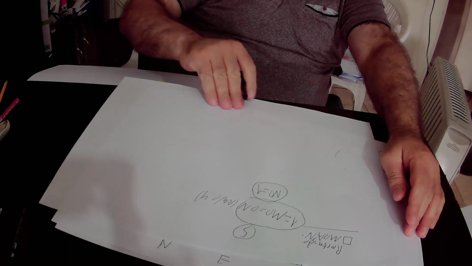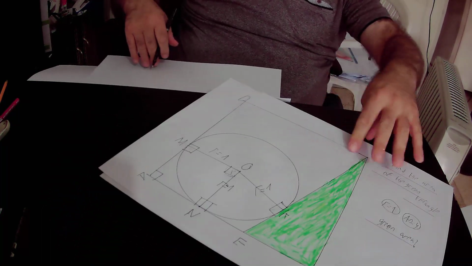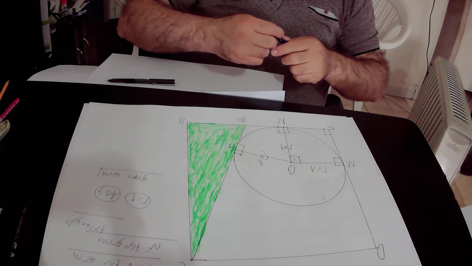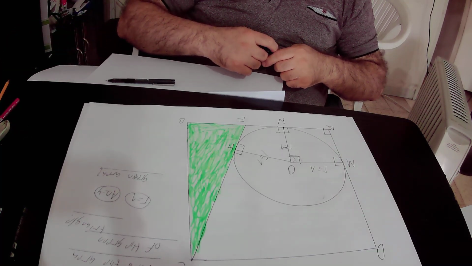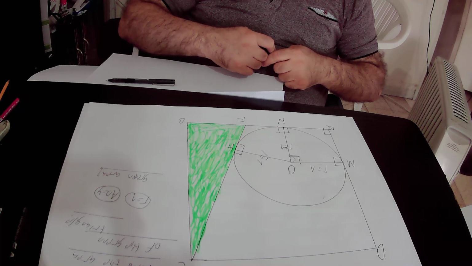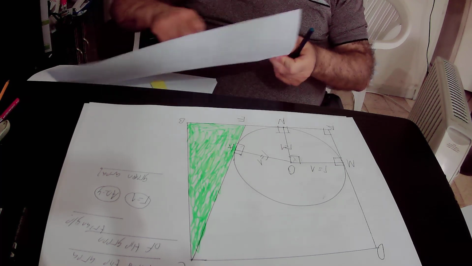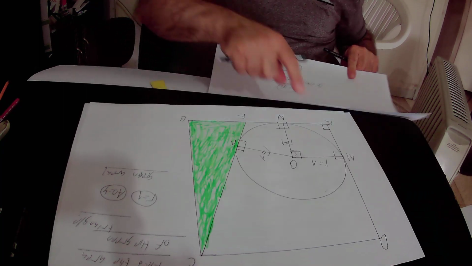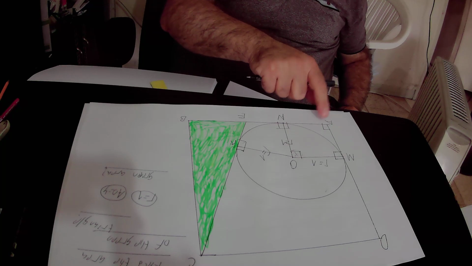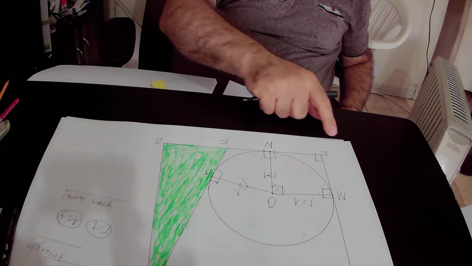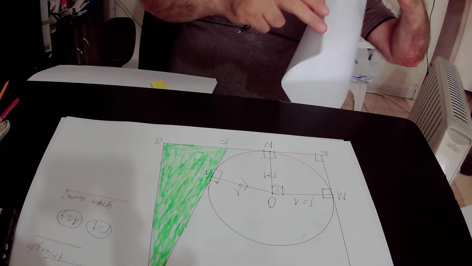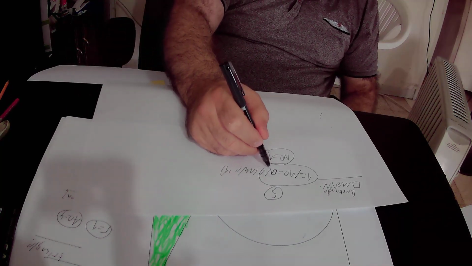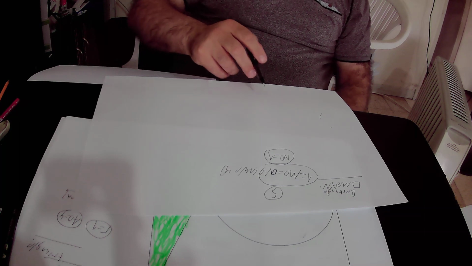So we can write here that NO equals... actually here we have MO equals AN.